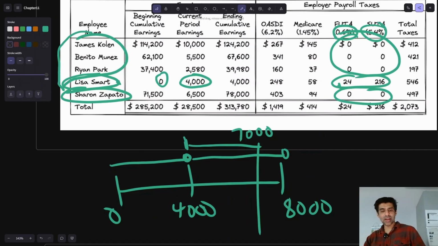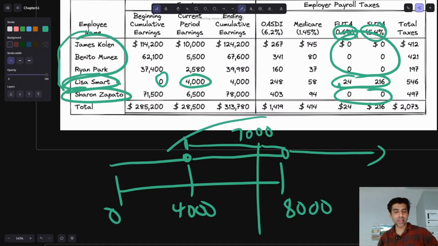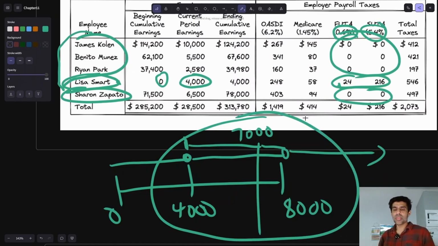Okay, and then after that, all her subsequent paychecks are not going to have that. Okay, so this concept of a limit on how much up to a certain amount a tax is charged, and then above that, nothing, you'll always have a special calculation to do when the pay crosses that border.